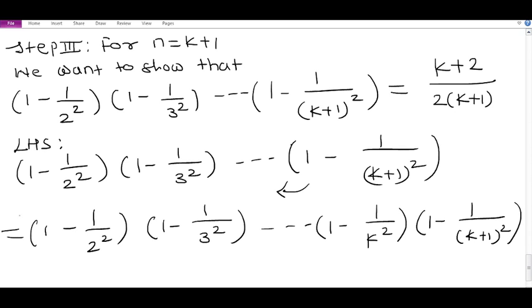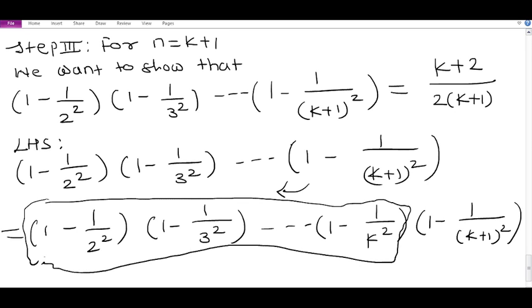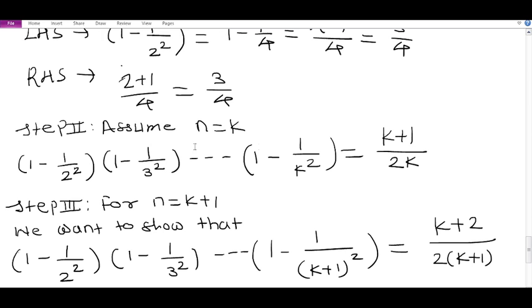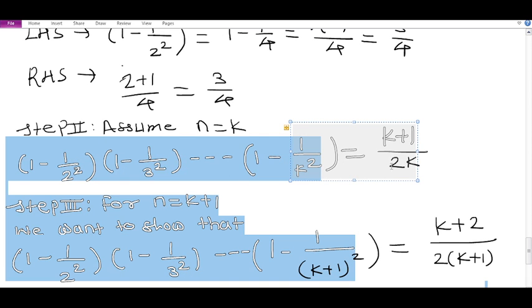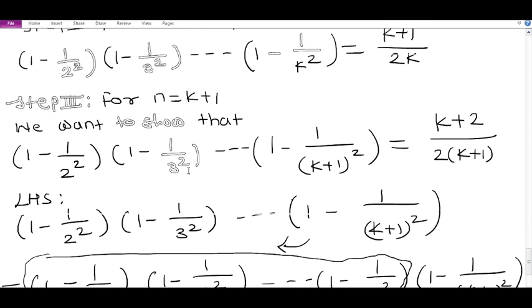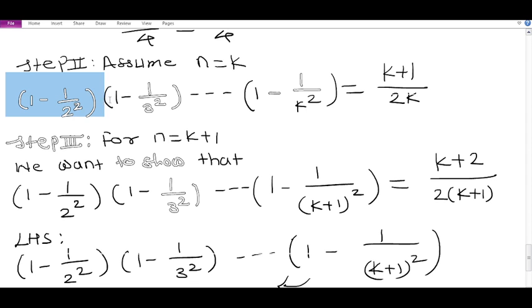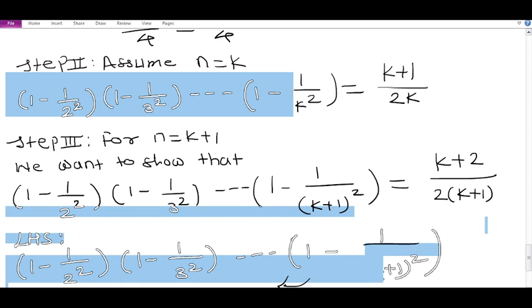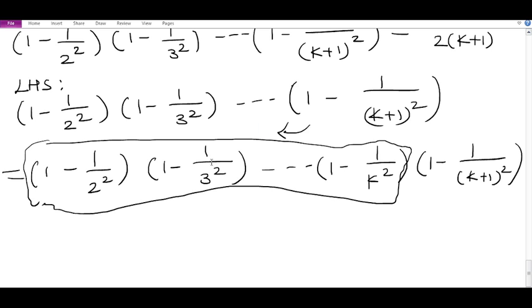Now by using step number 2, the value of the product up to k is k plus 1 divided by twice k.